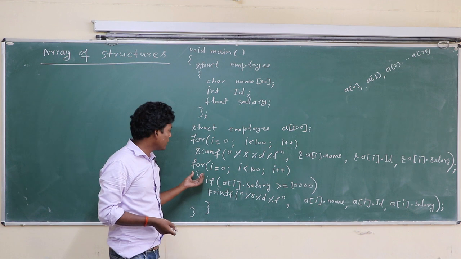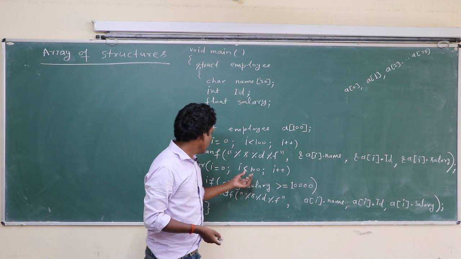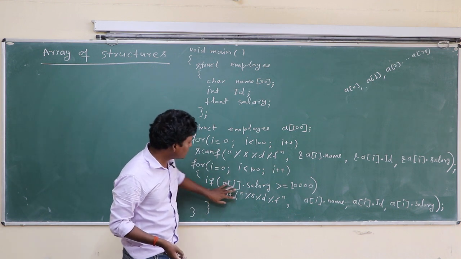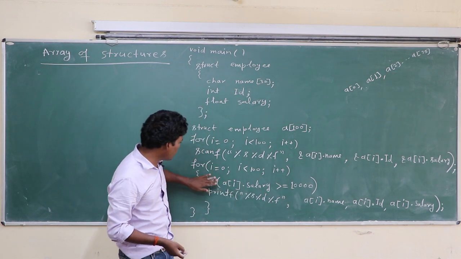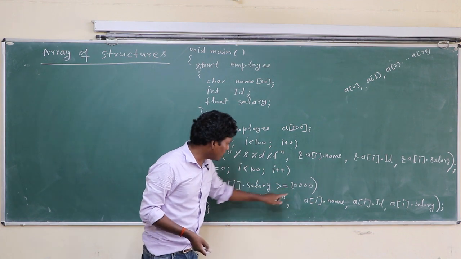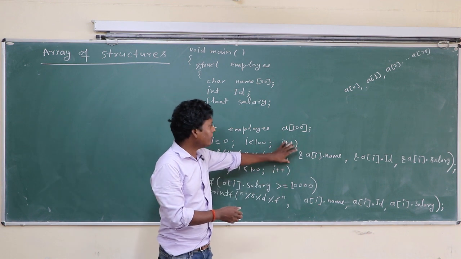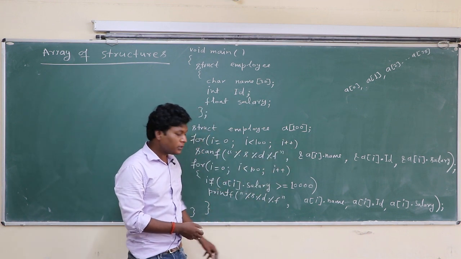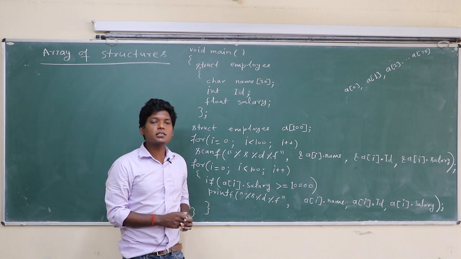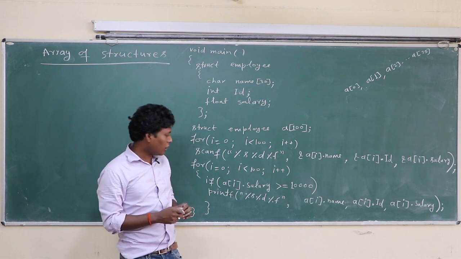Now we are going to print. If you do not write the if statement, then the details of all 100 employees will be printed here. If you remove this if statement, then this prints the details of 100 employees, whatever you have input. But we want to print the details of employees who have salary greater than 10,000.